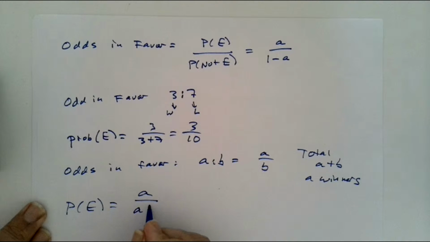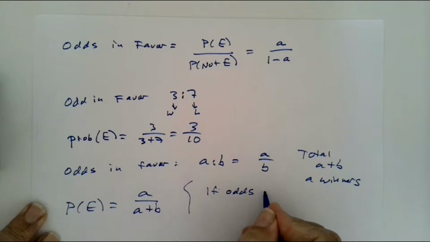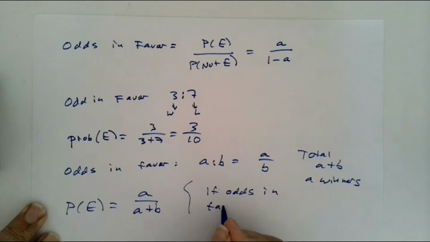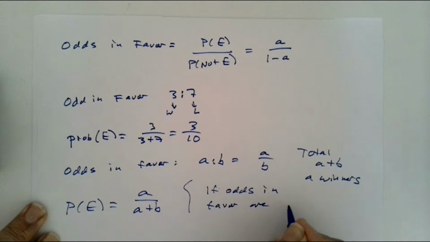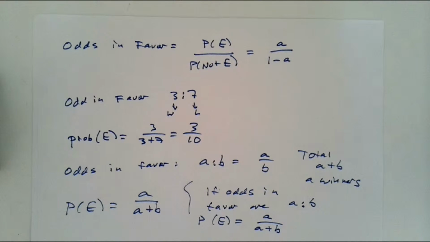Out of A plus B total. So if odds in favor are A to B, the probability of winning, the probability of that event E, is just A, the winners, over the total, A plus B. And that will conclude this lesson.